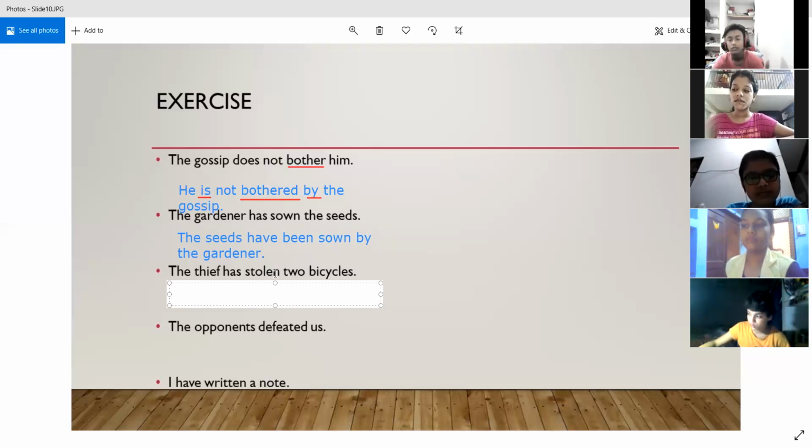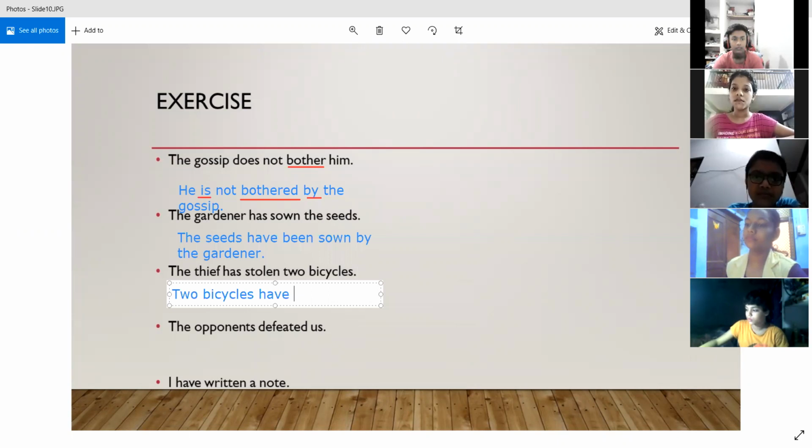Why? Because we are using the perfect tense, and the perfect tense uses the third form of the verb, right? So now since we are talking about two bicycles, it means that our subject is in the plural form, right? Since the subject is in the plural form, that is why we are using have. If it was one bicycle, we would have used has.